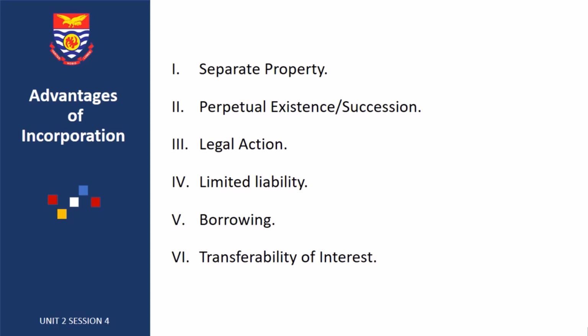Now let's come to the borrowing power of a company. Once a company is incorporated, it has the power to borrow from other institutions. Now the company can take a loan and use its own assets as collateral.